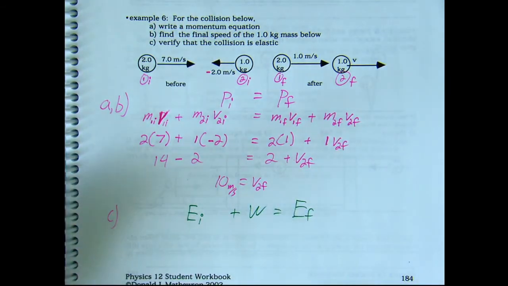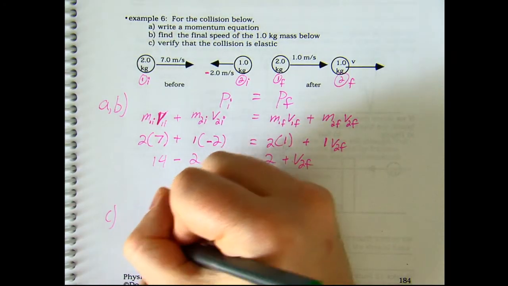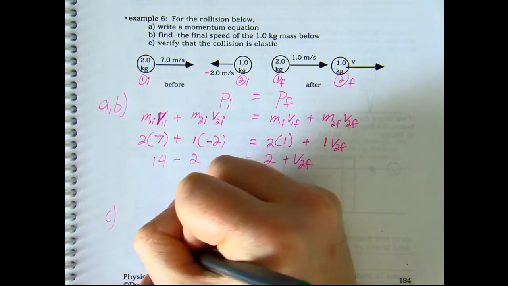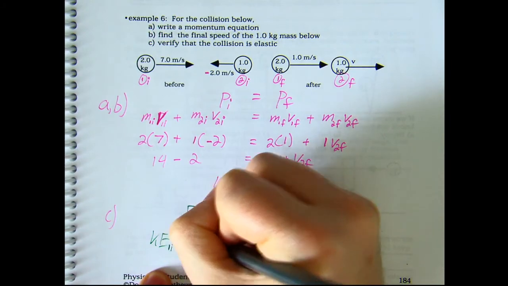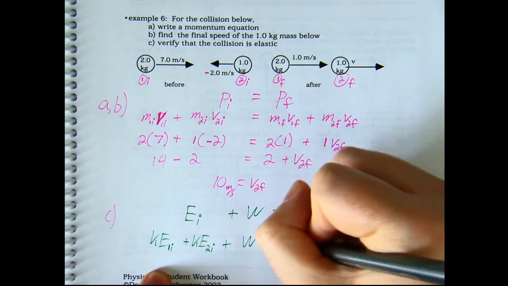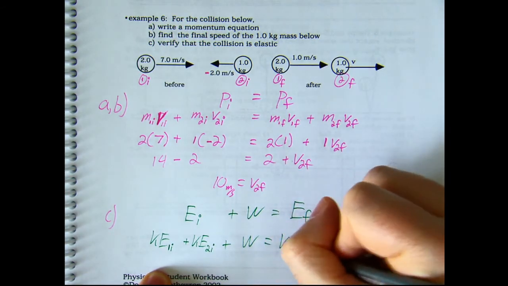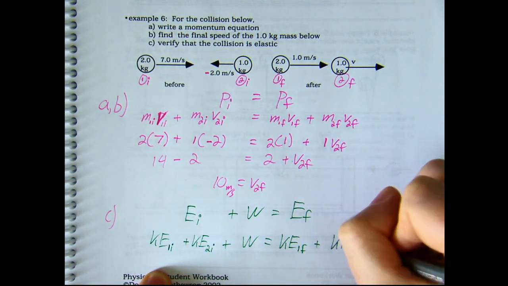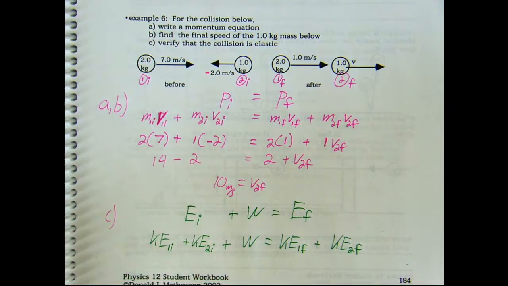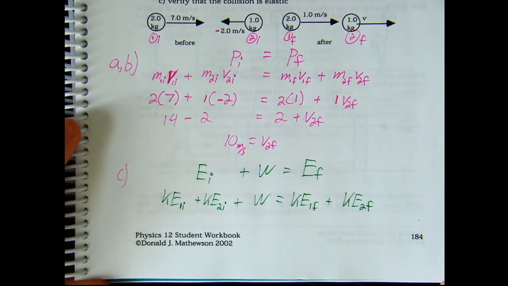My energy initial, there's a kinetic energy for object 1 initially, plus kinetic energy 2 initial, plus work, if there is work done, equals kinetic energy 1 final plus kinetic energy 2 final. There's no potential energy in this question because the objects aren't changing height above some surface.